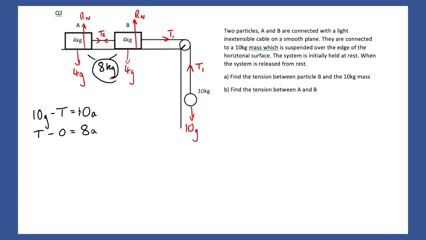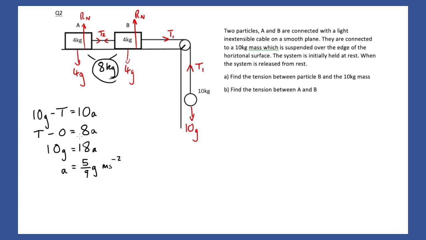Now, we just want the tension, but the easiest way of doing this is to find the acceleration first. So let's add these together as we have done before. So we have 10g equals 18a. So our acceleration is going to be 10 over 18 or 5 over 9, so 5/9 g.